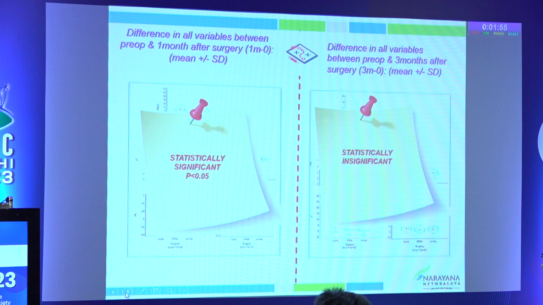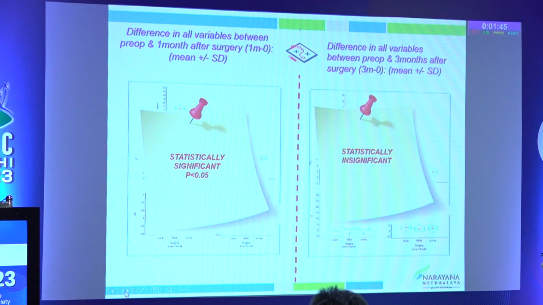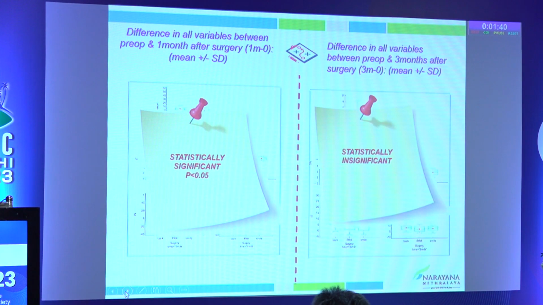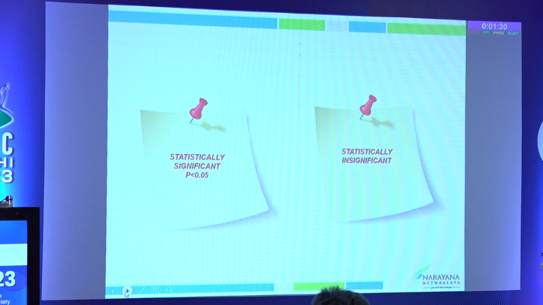When I compared, regardless of the surgery which was done, all these parameters in the pre-operative state and 1 month after surgery, the change in all parameters was statistically significant with a p-value of less than 0.05, while when I compared pre-operative parameters with 3 months after surgery, the change in all these parameters was statistically insignificant because of epithelial remodeling.